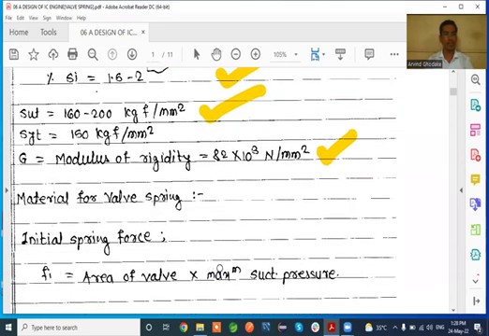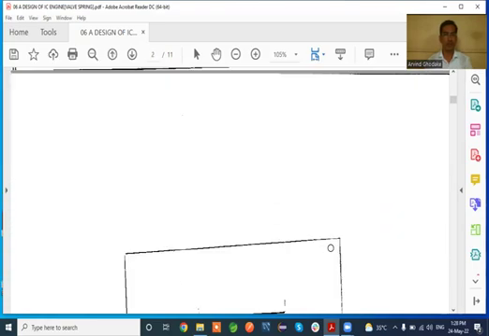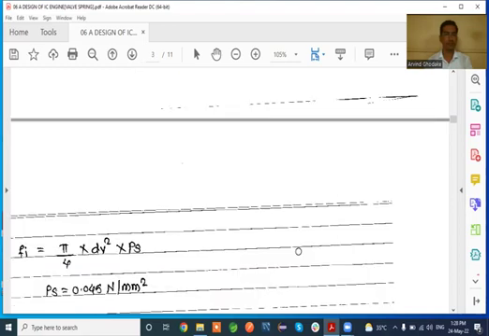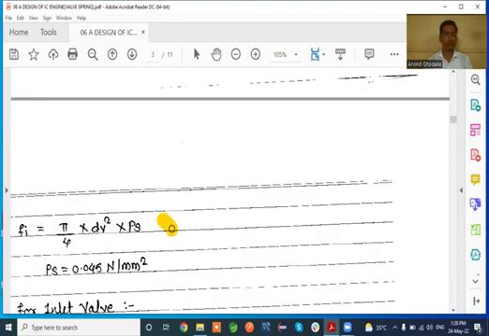The initial spring force we are going to calculate by using the formula Fi is equal to area of valve into maximum suction pressure. Therefore, we get Fi is equal to pi by 4 dv square into Ps. Here Ps is equal to 0.045 Newton per mm square.